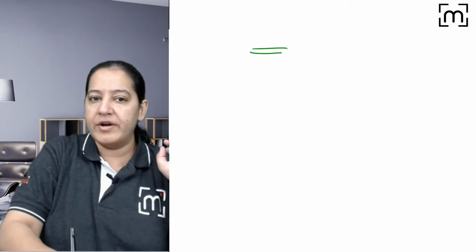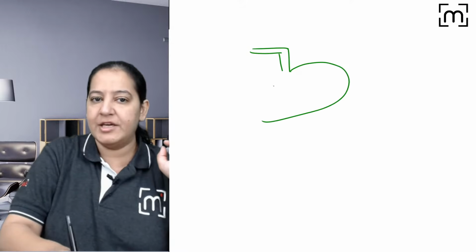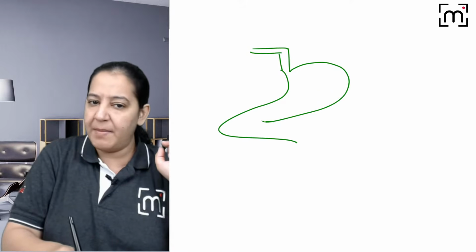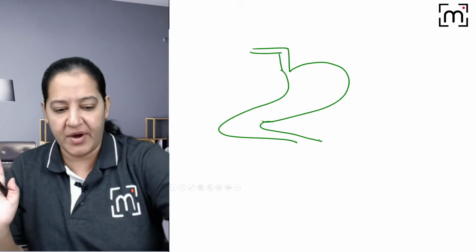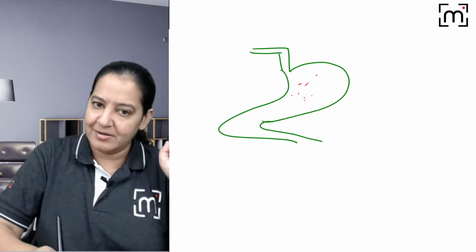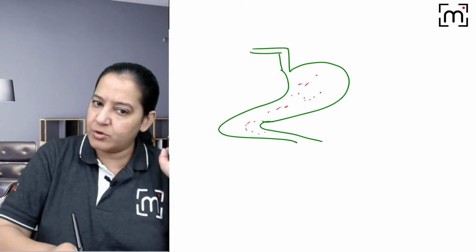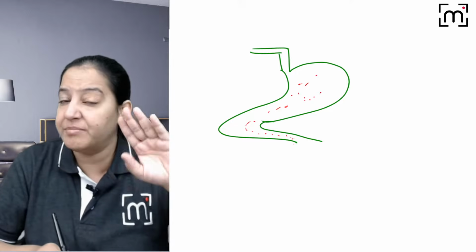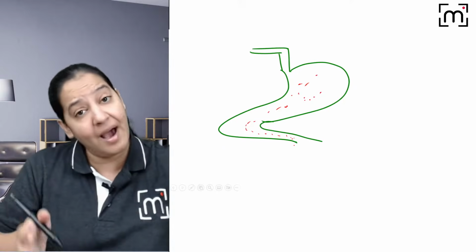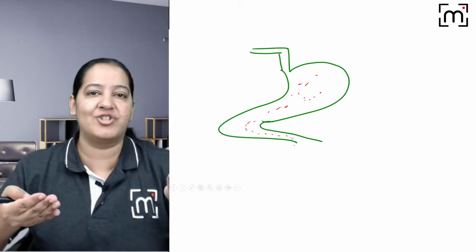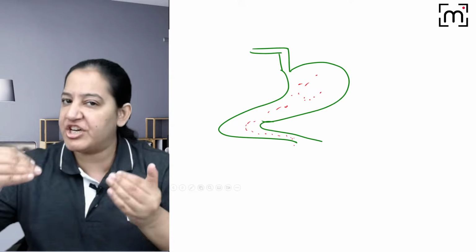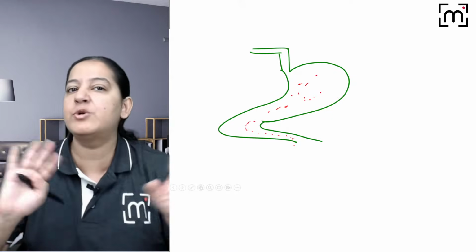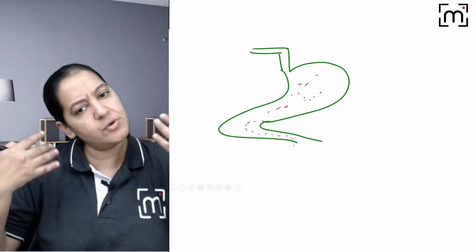I have already taught you that this is the human GIT. It is the stomach and duodenum. I am drawing only this portion, right? So acid is present here in the stomach, and the same acid goes into the duodenum. After the duodenum, this acid gets neutralized by the alkaline intestinal secretion. After the duodenum, we have jejunum and ileum, but jejunum and ileum don't have acid exposure because it is already neutralized.